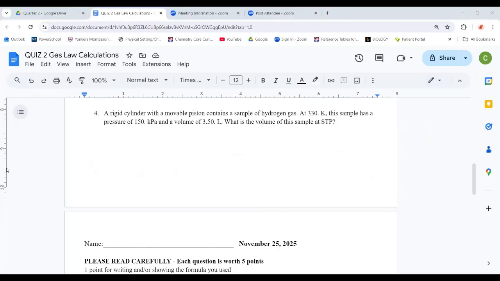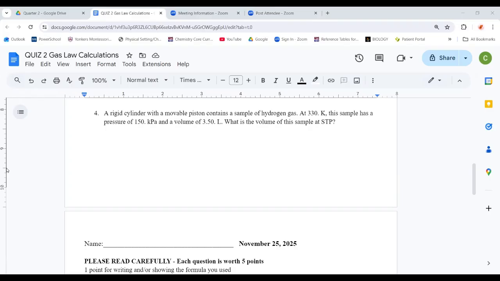next one. Now at this point on this particular quiz, I gave you credit for writing out all the variables and everything. So you got a point for writing it out, a point for changing the formula, so I could see that you understood you were leaving out a variable, if you were doing that, a point for plugging everything in with its units, a point for doing all your algebra correctly, and a point for getting the correct answer.